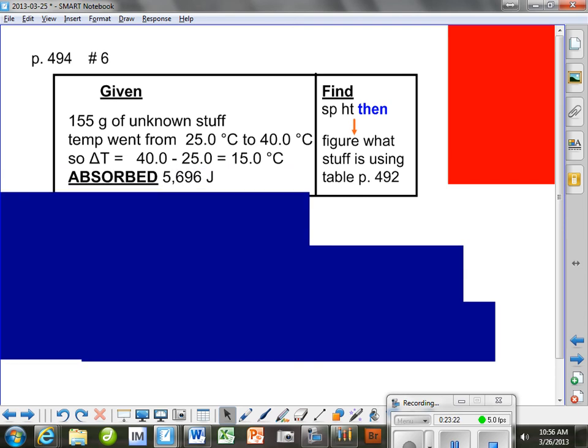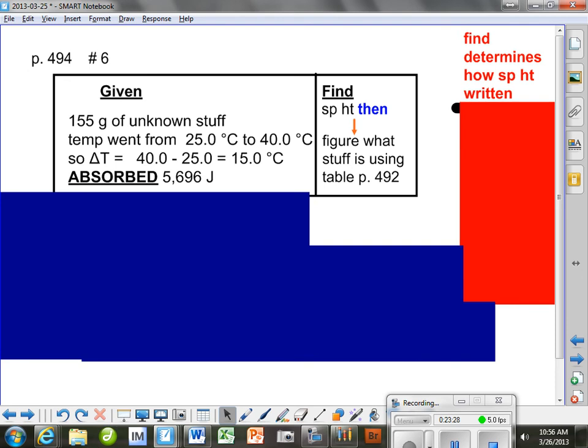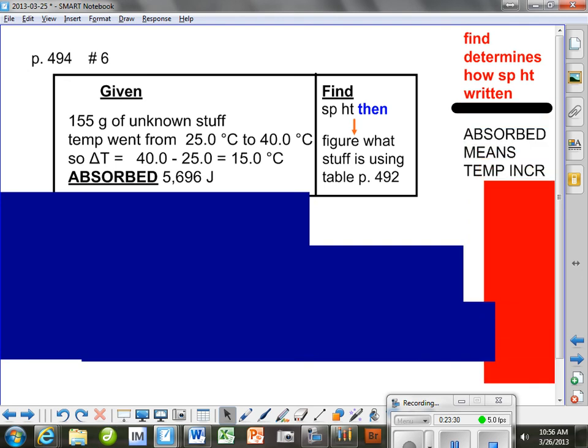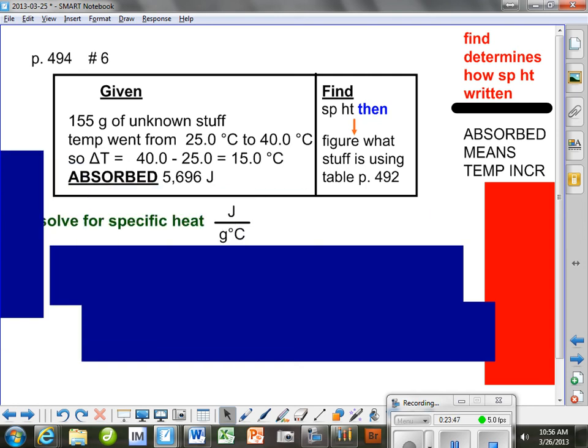5,000 absorbed. Good. Okay, so now we're pretty much ready to go, and my little word of wisdom up here in the top right is, still the find determines how specific heat is written, and specific heat will be written in the exact order that it is in any specific heat that you would see.